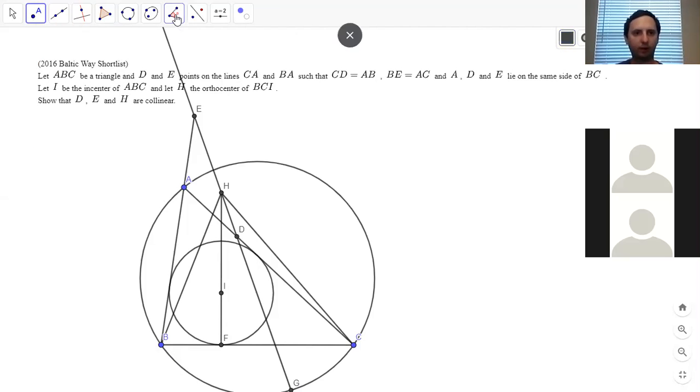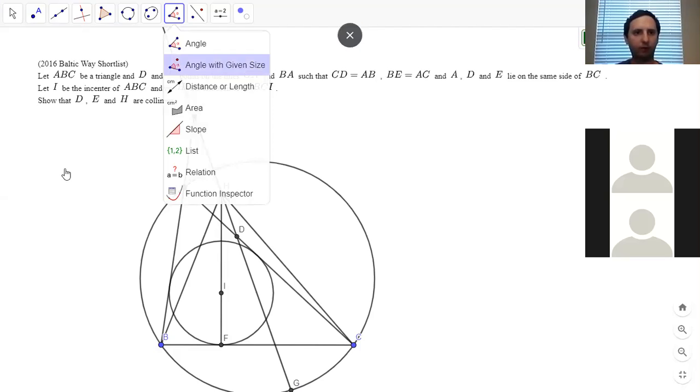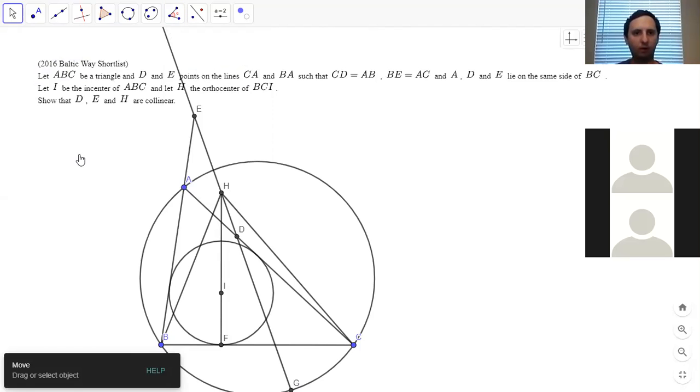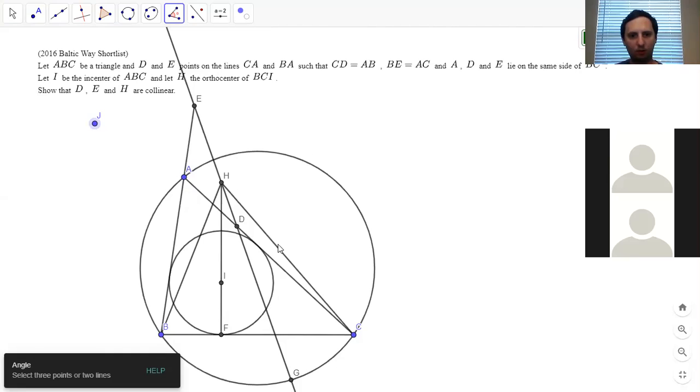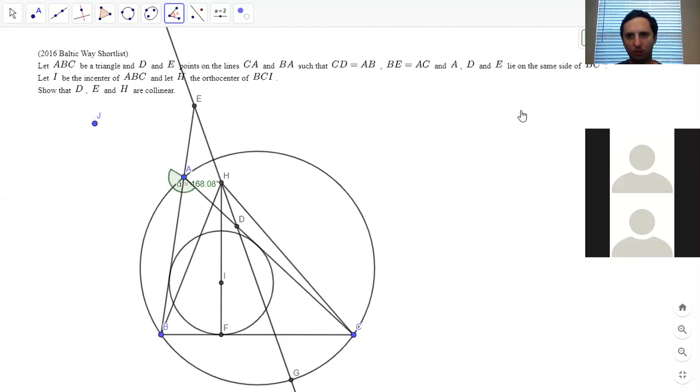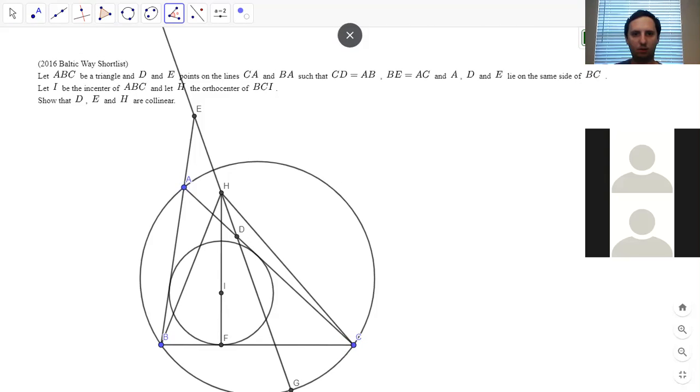Let me check that that's actually true because I'm not sure actually. Sorry, let me move this. A, C, G. Oh no, that's not the antipode of A. Sorry.